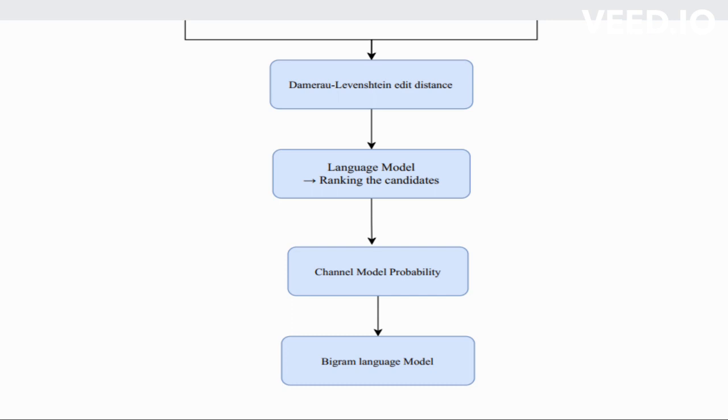For computing the channel model probability, assume that the misspelled word X has a set of letters X1 through XM and the correct word W has a set of letters W1 to WN. Now the probability of the edit X given W is going to be some set of deletions or insertions or substitutions or transpositions.